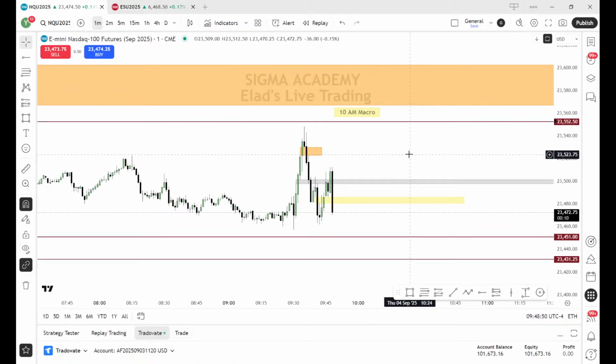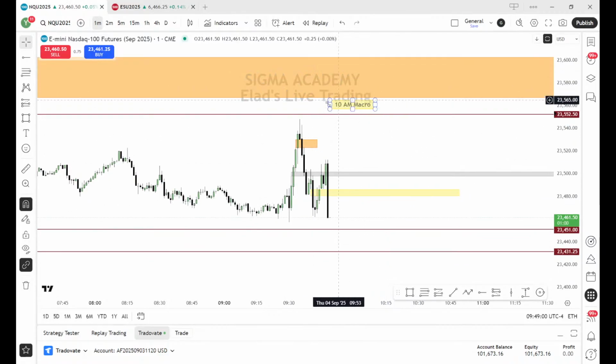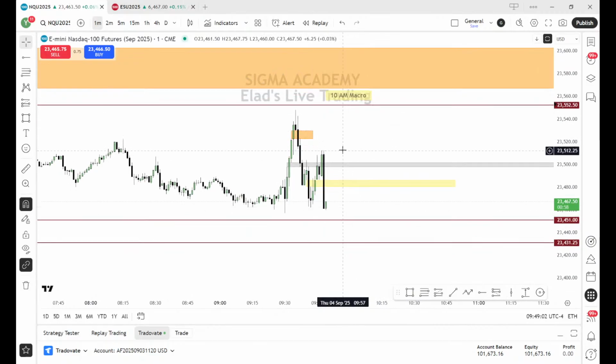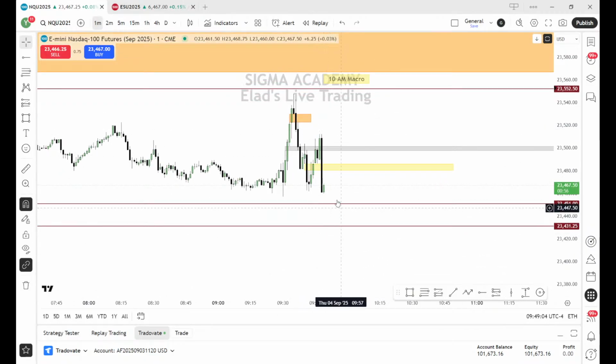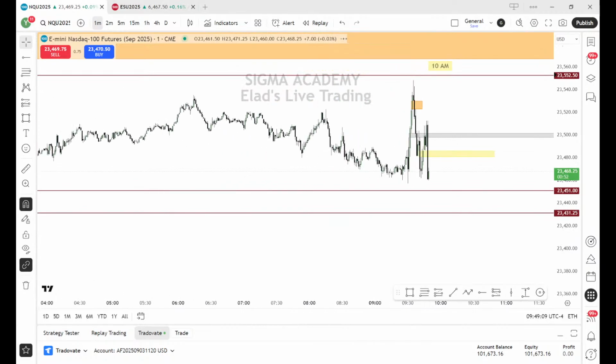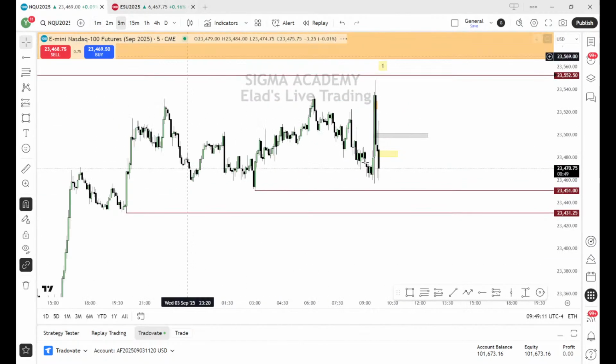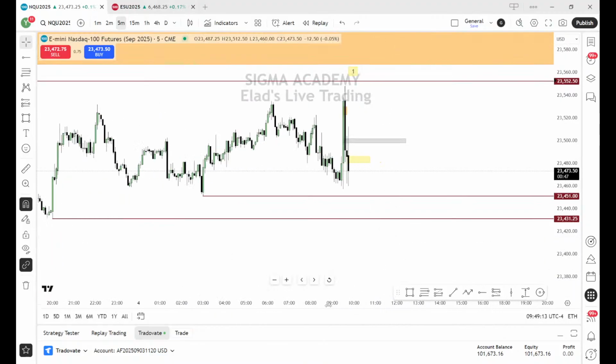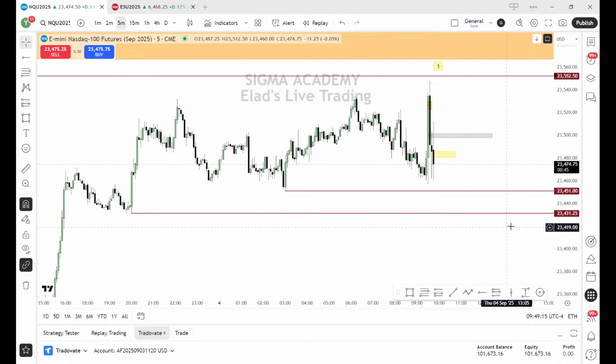Oh, we have a displacement right here. I will prefer to go long to this point, by the way. Let's see what happens in this area after the liquidity will be swept. I think I will wait on the 5 minutes.